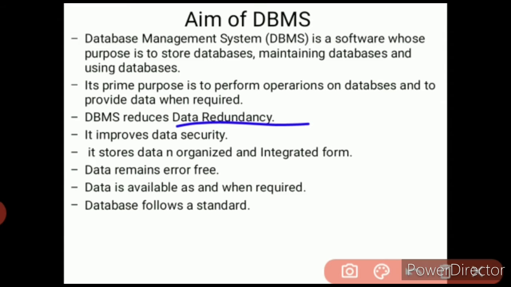So it will show me the complete data of a particular student. Next, database follows a standard, means because we are having a proper maintenance in it, so we can say that it's having a particular standard.